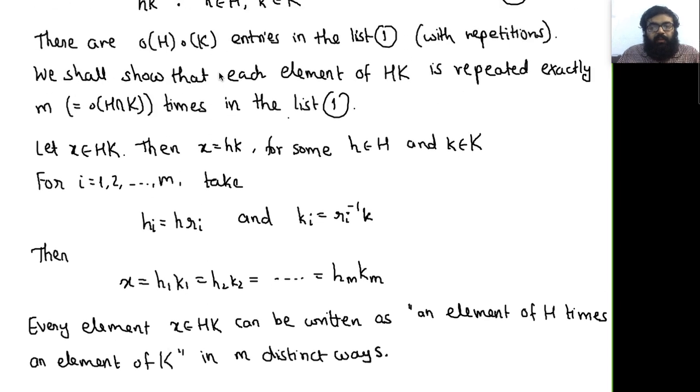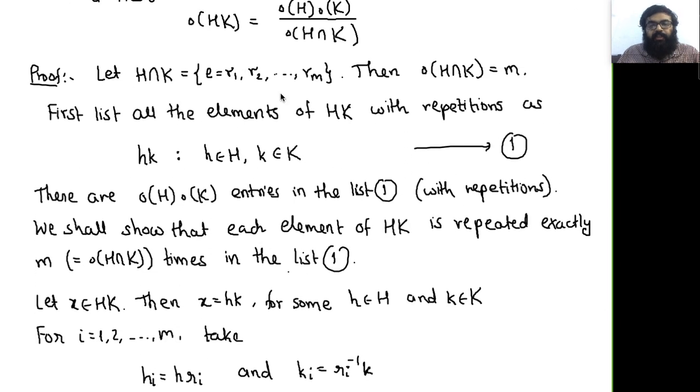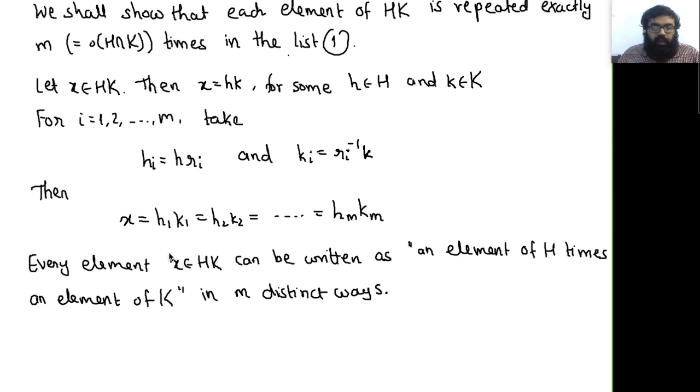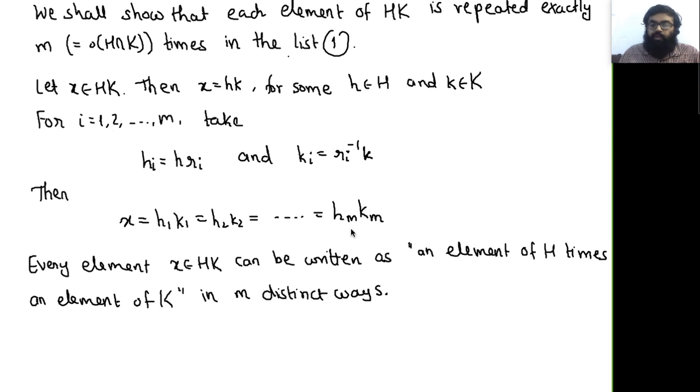Because all these are distinct elements of H intersection K, we have M distinct representations of HK. Same HK can be written like this.